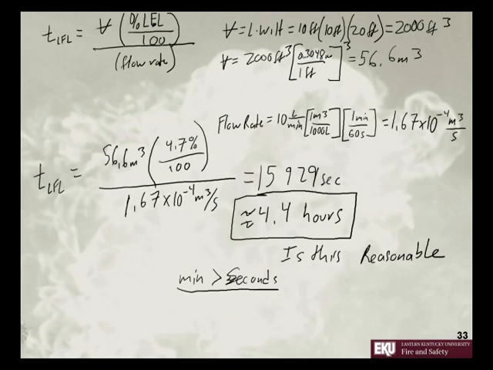So if we were going to see how long it would take to get 56 meters cubed at this flow rate, it's going to take on the order of 1,000 times 60, so 60,000 seconds. That's significantly more than we have here, and we don't want to fill up the entire room. So is it reasonable? I'm going to say that it is. It seems like a reasonable answer to me.